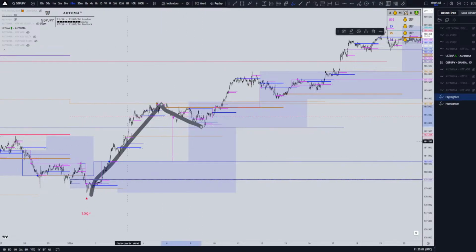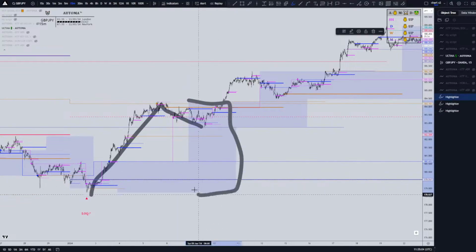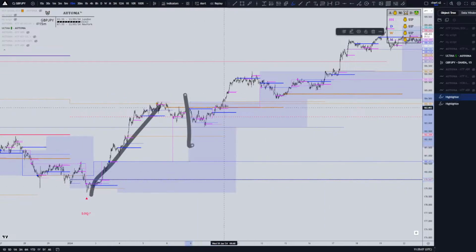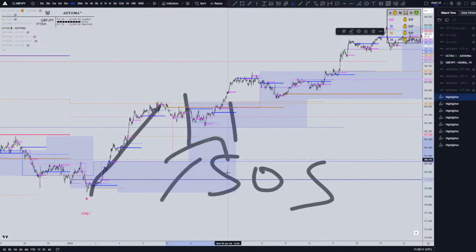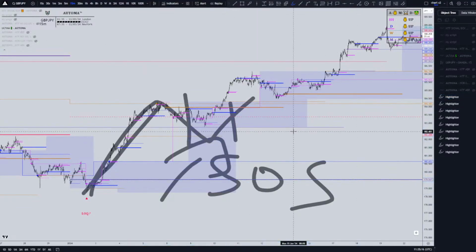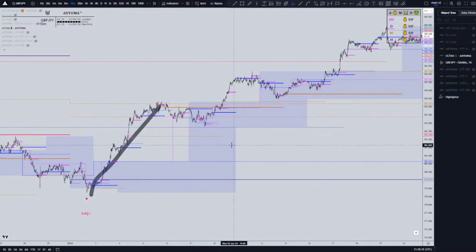correction of the first impulse, and in this phase, in this price action, we are looking for what? Sign of strength to align with this impulse and targeting the trend on the daily structure.